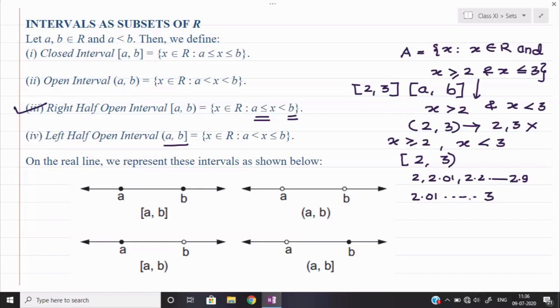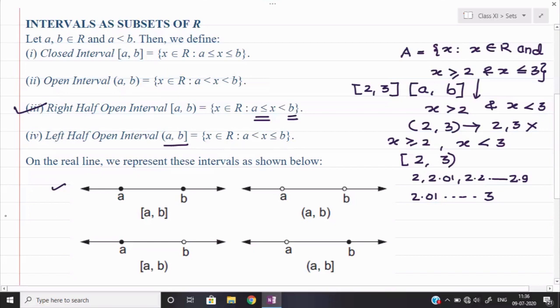Now the same relation we can express by a figure also, on a number line. For example, look at the first figure. In this first figure you observe (a, b) is given along with the square bracket. So on a they are making the dot completely filled, and the same way on b they are making the dot completely filled.